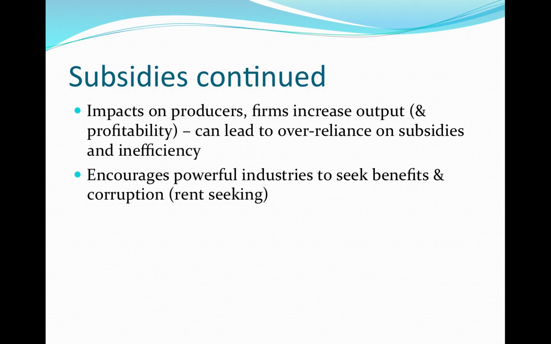Also, one thing that really is kind of alarming with this is powerful industries, big industries with lots of money flowing into them, often will seek benefits from the government and engage in sort of corrupt practices.